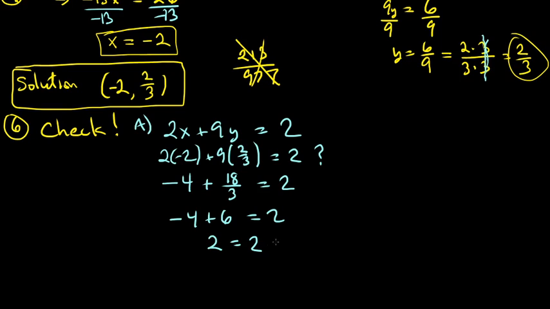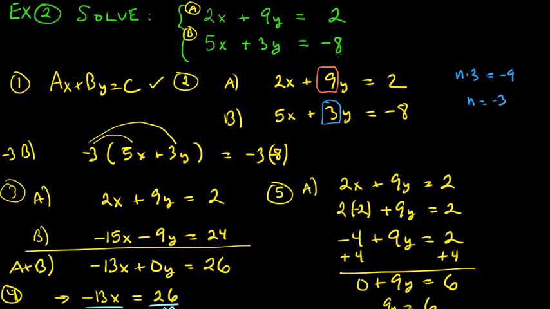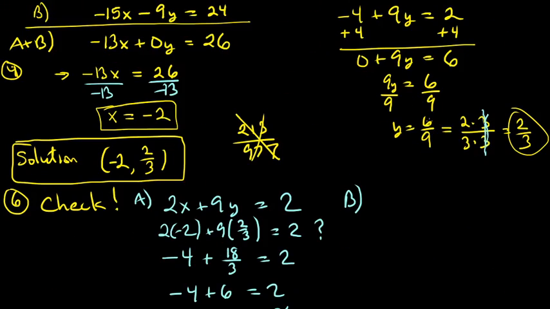So does 2 equal 2? Of course, 2 is 2. So this is true. This is correct, so this is a good sign. But be careful, that doesn't mean that we got the correct answer yet. Remember, you have to check both equations, equation A and equation B. Equation B, remember, was 5x plus 3y equals negative 8.